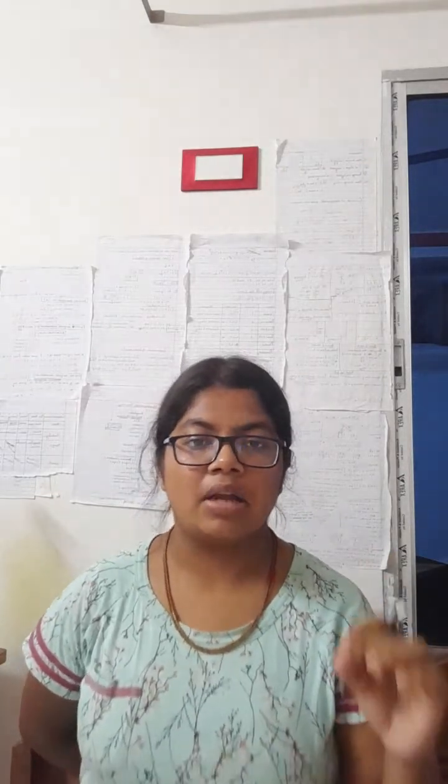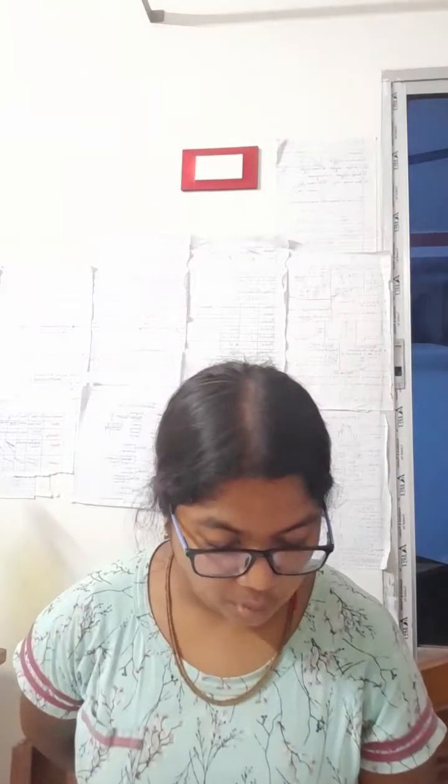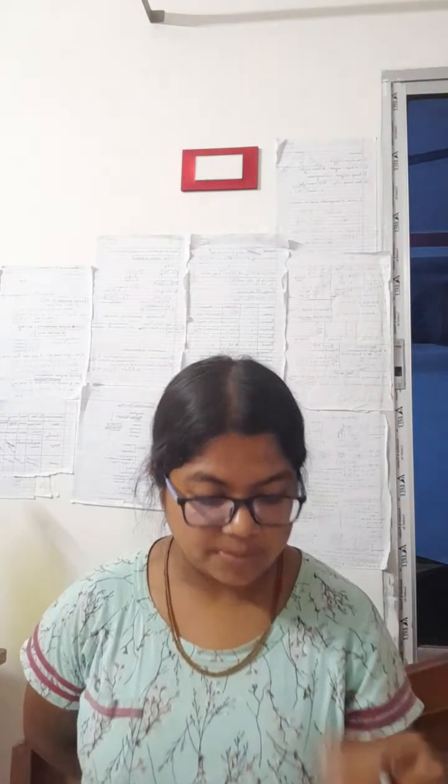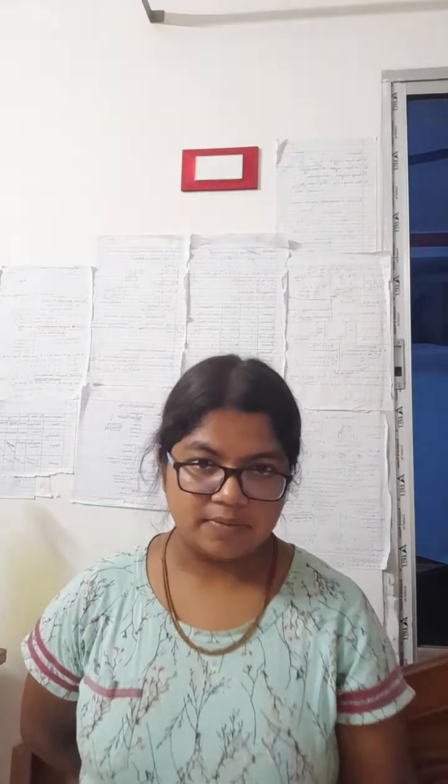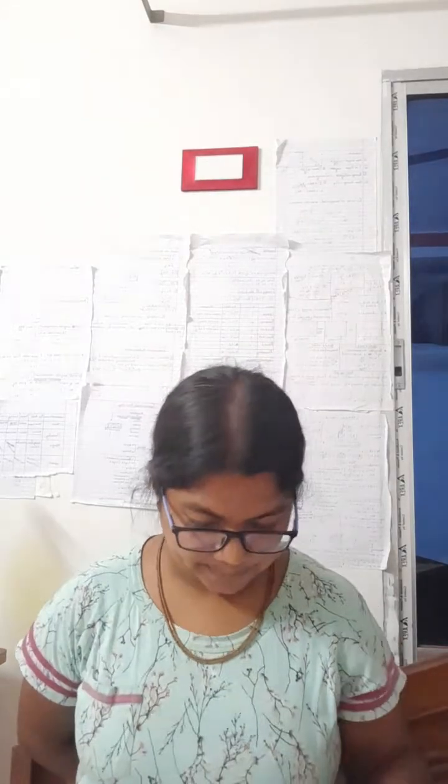Nb means number of bonding electrons minus number of antibonding electrons, divided by 2, and the value will be lower. That's why the bond order will decrease. And it's my morning class revision; I'm revising the morning class.